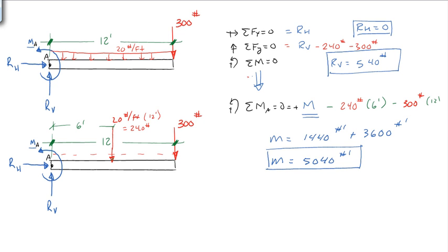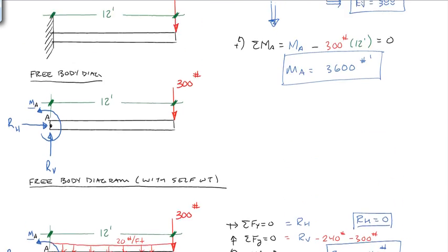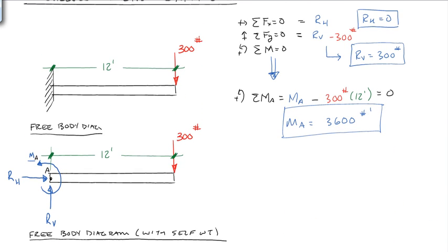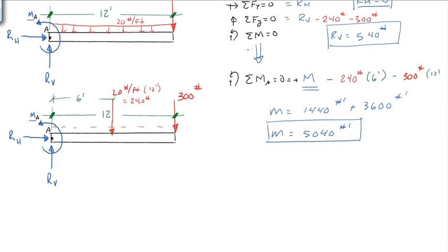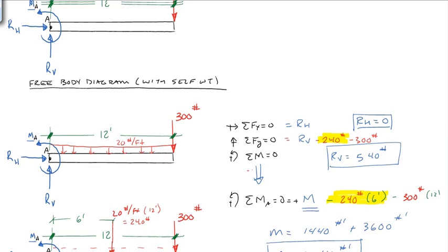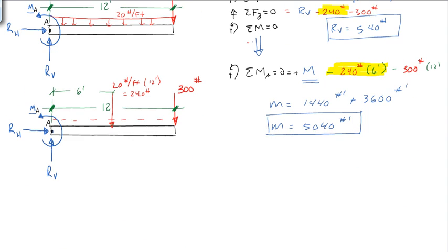So that tells me that we have to have a concentrated moment of 5040 pound-feet at point A to keep this cantilevered beam from moving. The procedure was identical to the one we did up here, only in this case we had this additional value in this equation and in this equation. And it increased the moment at the support considerably from 3600 to 5040.